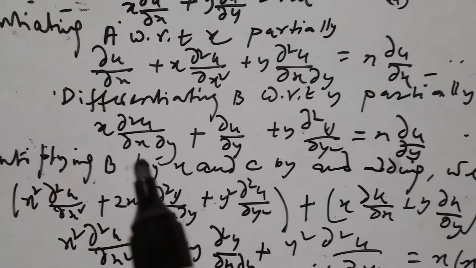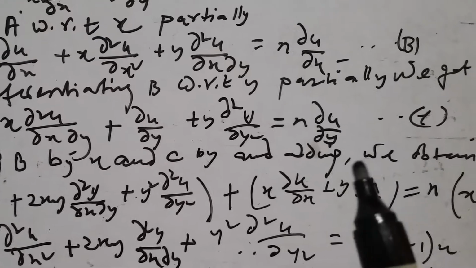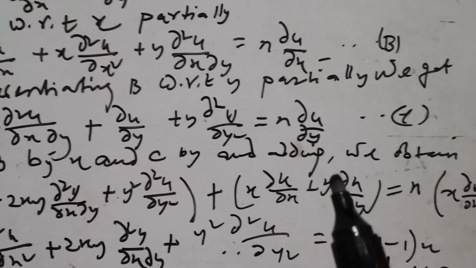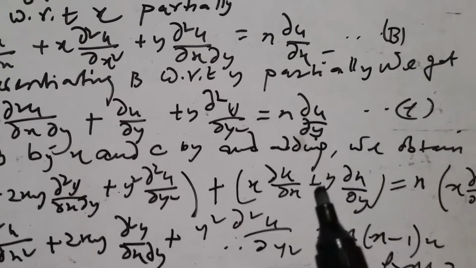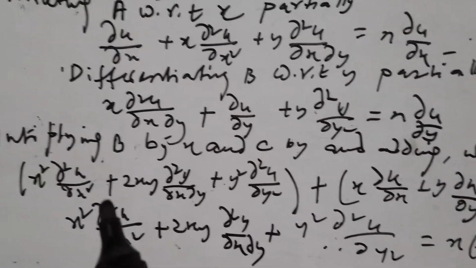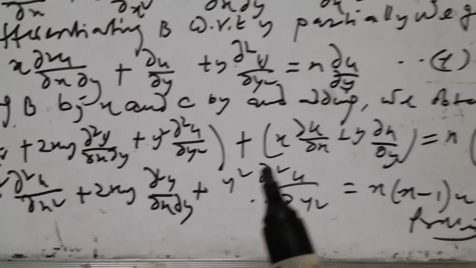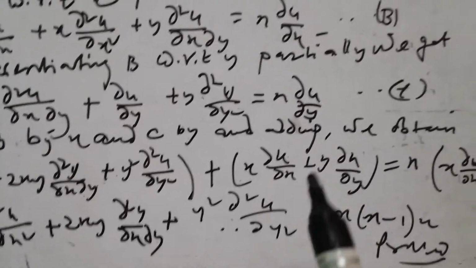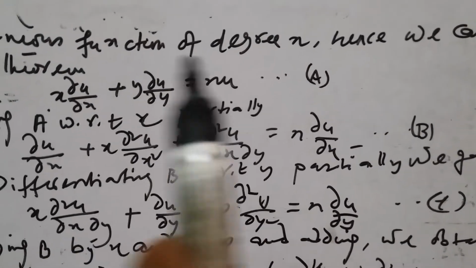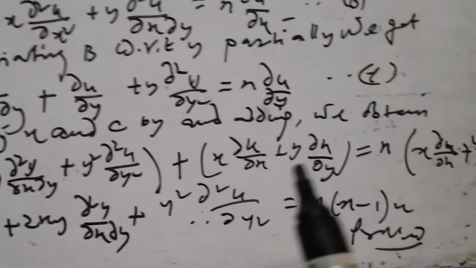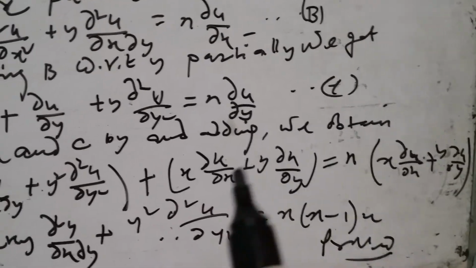Then multiplying B with x and C with y, we get this, and putting the value from Euler's theorem, nu, we get n square u minus nu.